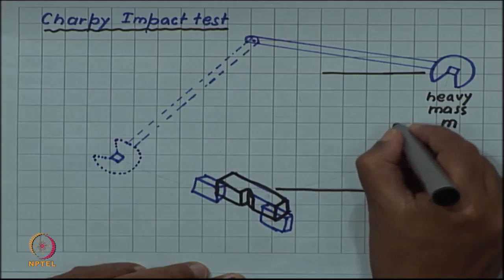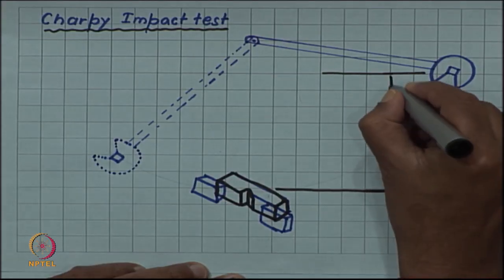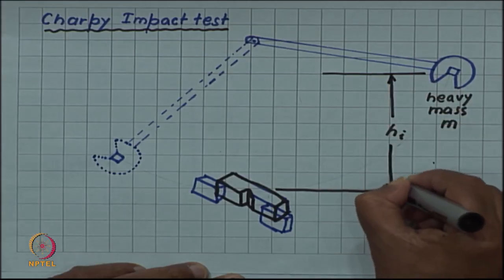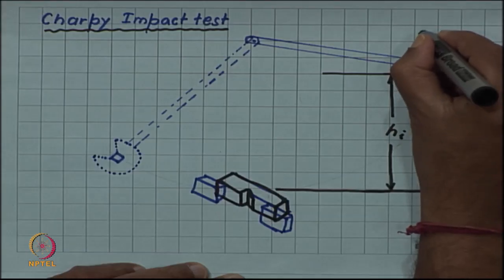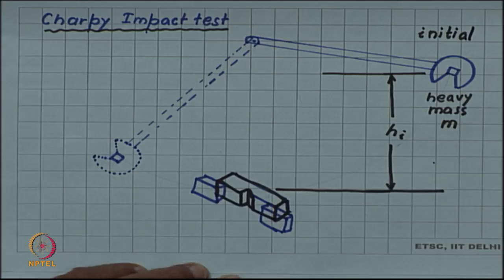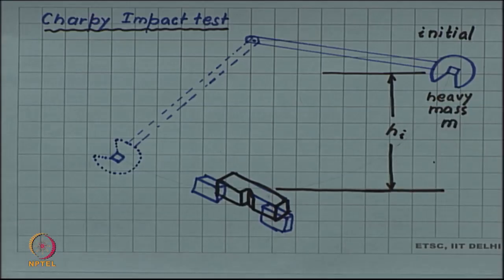So, the height of the pendulum above the level of the sample is h I. This is the initial height, this is the initial stage of the pendulum.